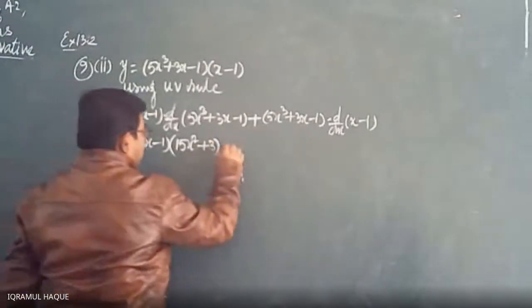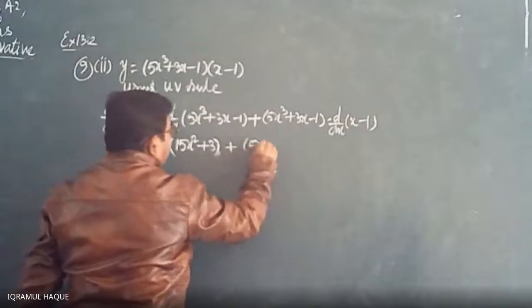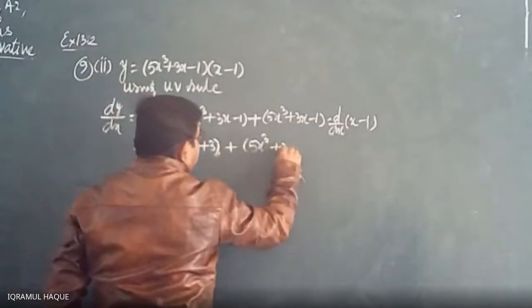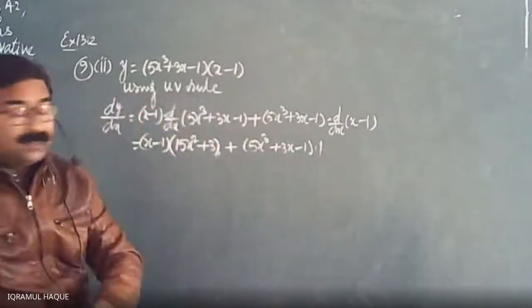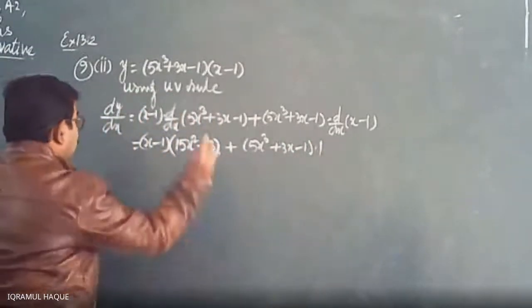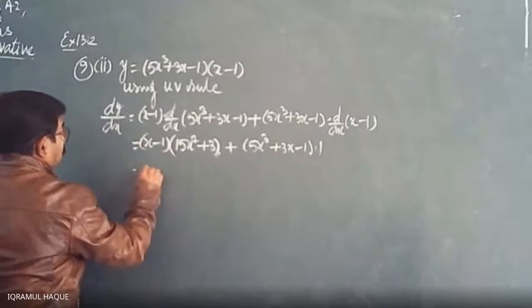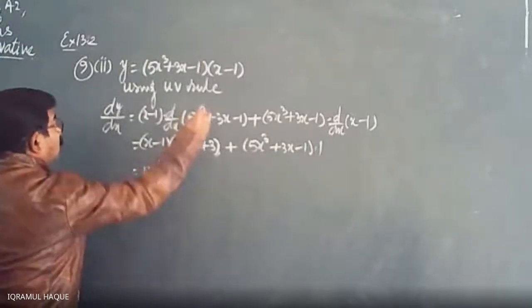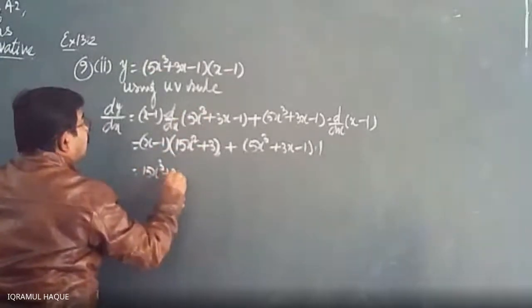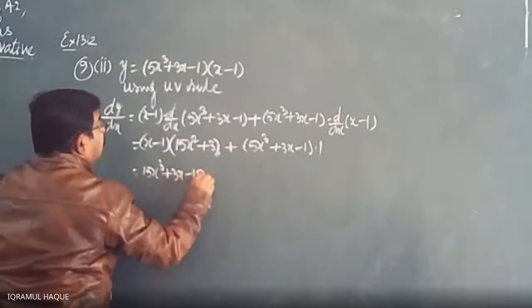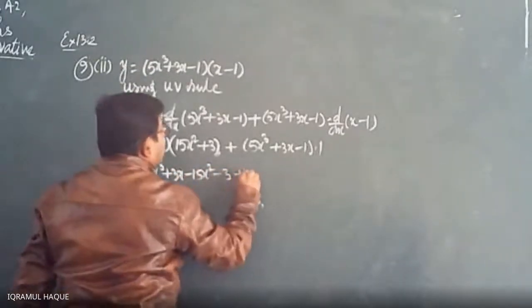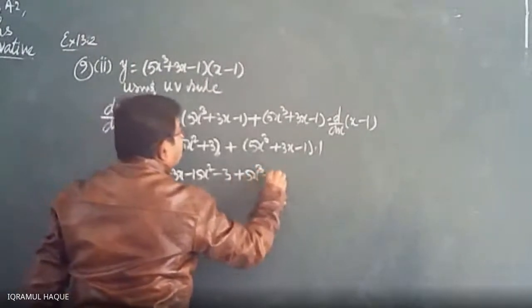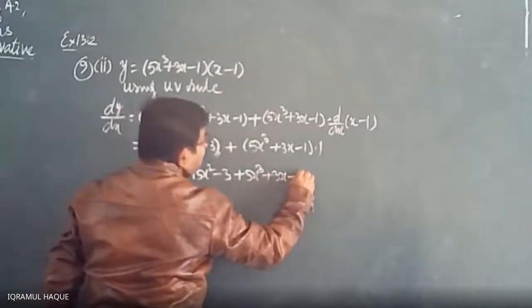plus (5x cube plus 3x minus 1) into 1 for x. So multiply this bracket, we have 15x cube plus 3x minus 15x square minus 3 plus 5x cube plus 3x minus 1.